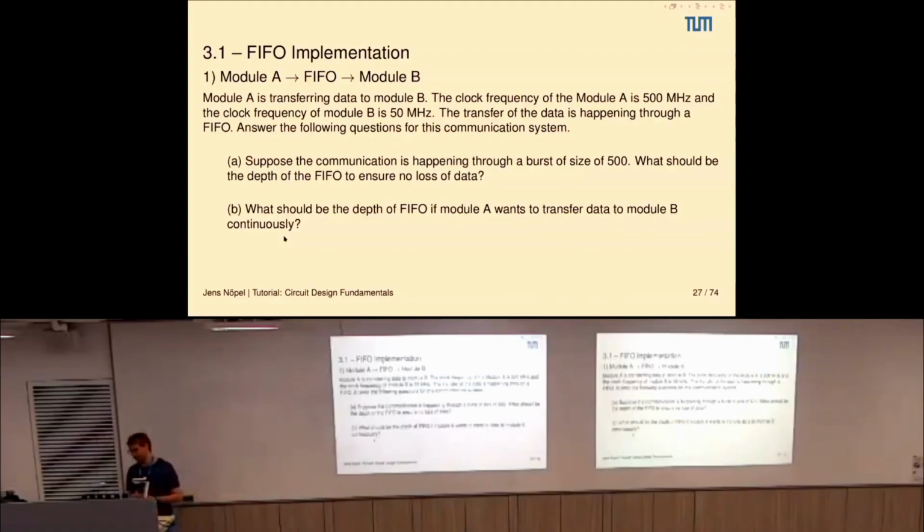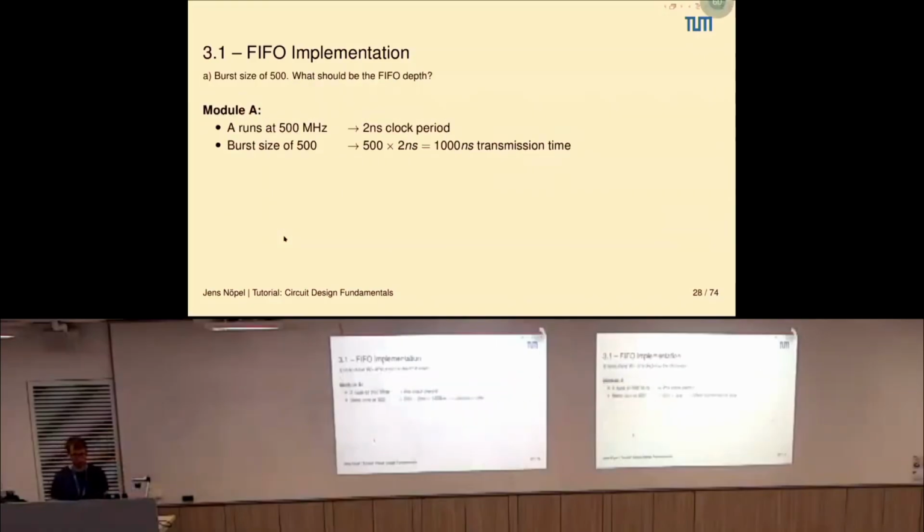Okay, then we had a look: how do we dimension this FIFO? In order to do that, it's a good idea to look at how much time module A needs until all the packets are sent. So this is just like knowing one packet needs 2 nanoseconds, which is the period of the frequency.